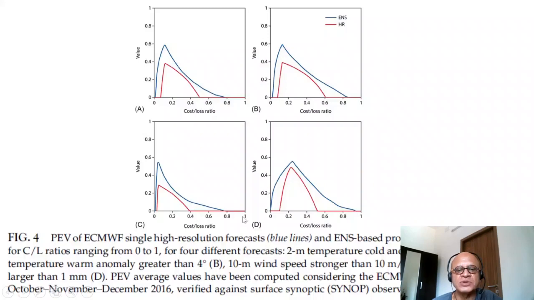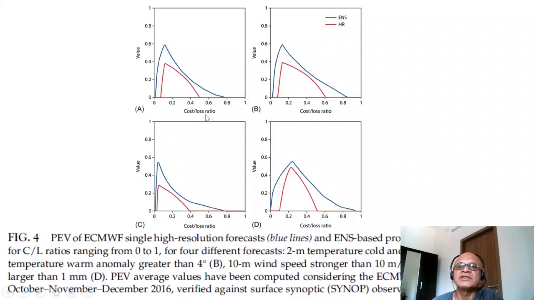So cost loss ratios are here on 0 to 1, and for four different forecasts: 2 meter temperature cold anomaly lower than 4 degrees in A, 2 meter temperature warmer than 4 degrees in B, 10 meter wind speed stronger than 10, and total precipitation larger than 1 millimeter per day. So PEV average values have been computed considering ECMWF operational forecasts for October, November, December of 2016, verified against synoptic surface observations, or SYNOP as they are called.